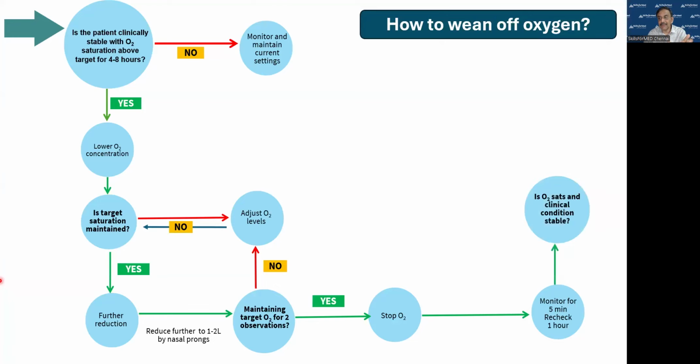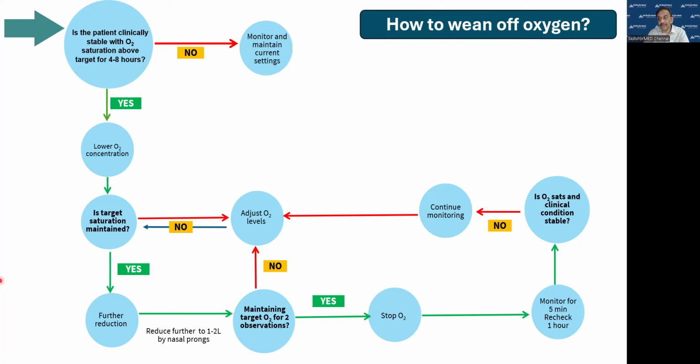The next question is, are the oxygen saturation and clinical condition stable without the oxygen, for 5 minutes initially and then after 1 hour? If the answer is no, you continue monitoring, go back to giving them oxygen, adjust oxygen levels, and go through the cycle again. Meanwhile, you'll be treating them for whatever condition they came with to the hospital.